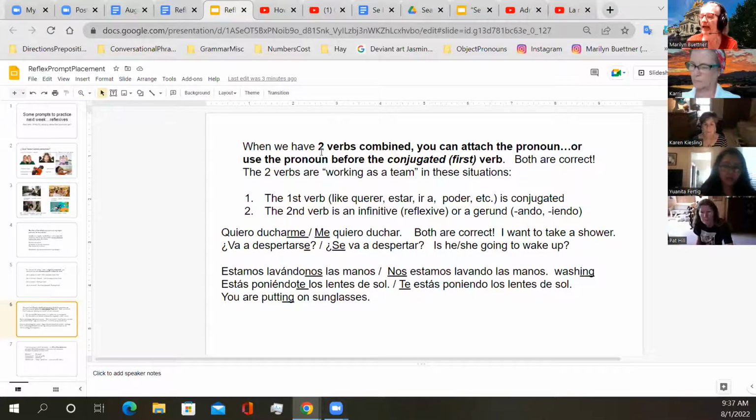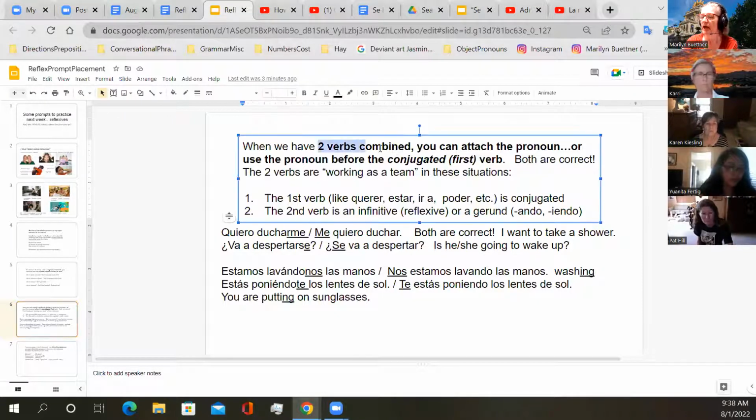Well, okay, when we have the kind of structures with two verbs combined, you're going to actually have a choice, or two possible correct pronoun positions. What does that mean?